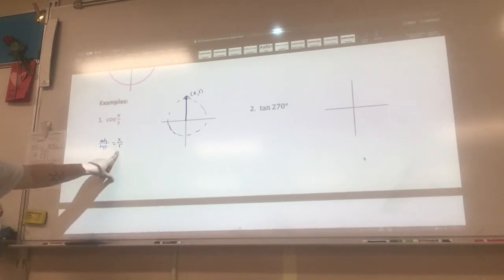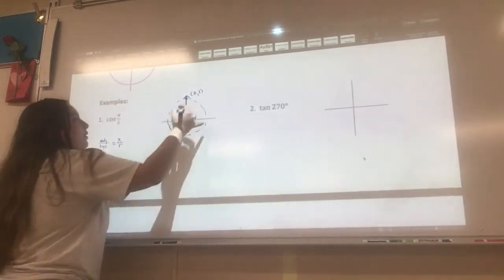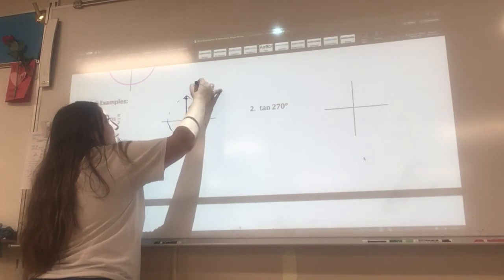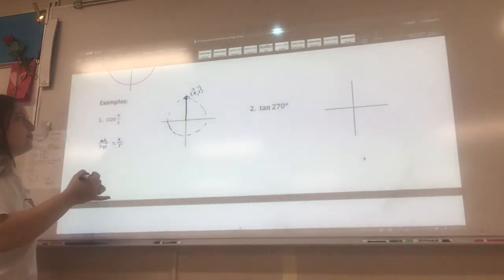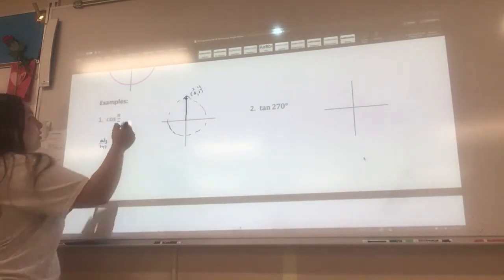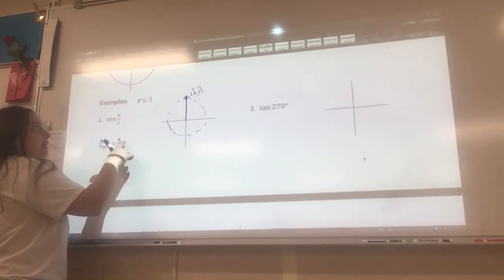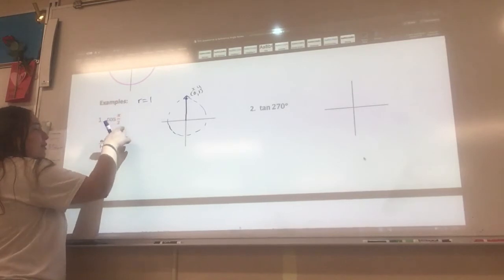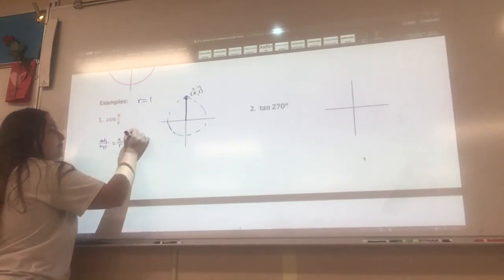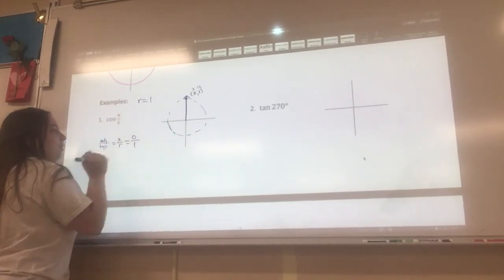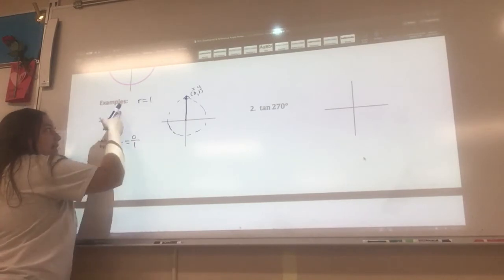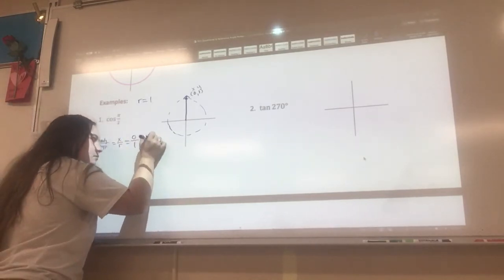So we have x over r. Well, we have an x and a y value. And what did we say r is always? r is always 1. So we have an x value and an r value. So cosine pi over 2 equals x of 0 over r of 1. So cosine pi over 2 equals 0.